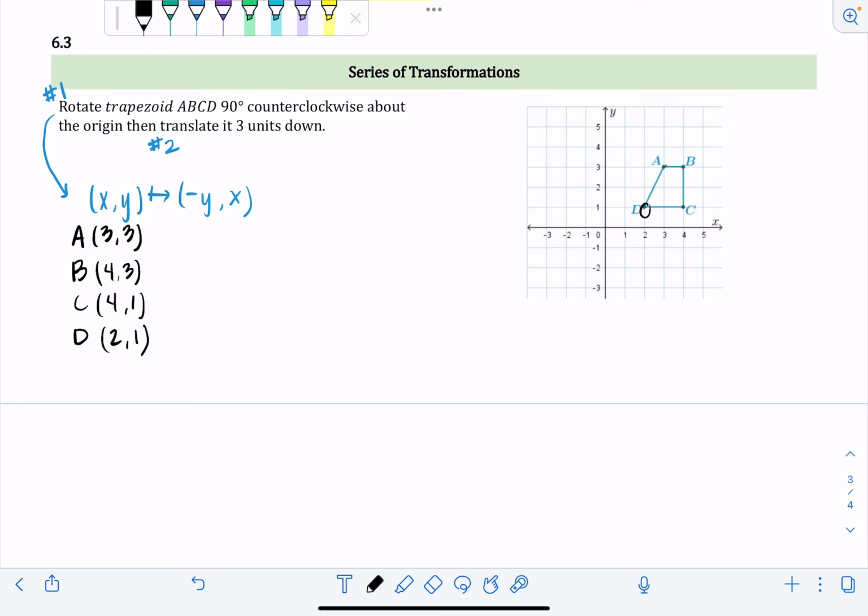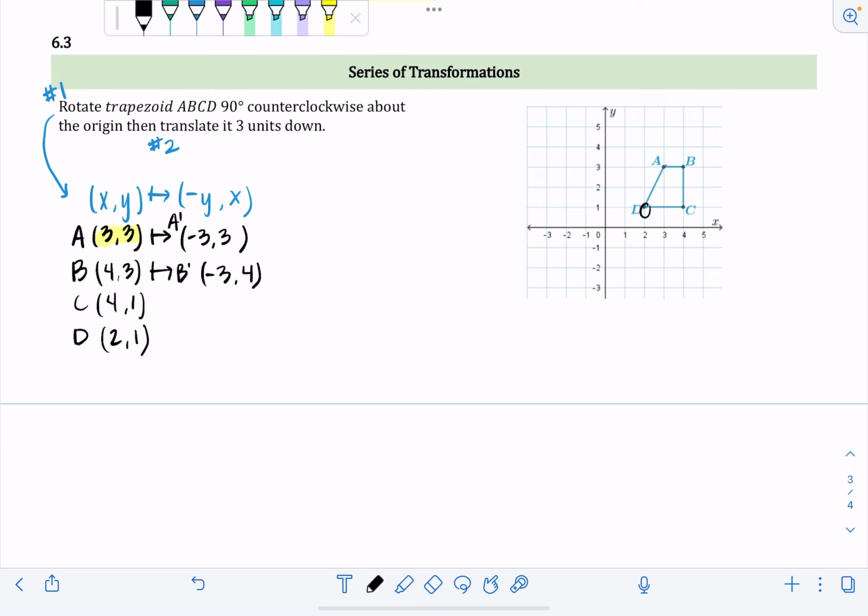And now I need to get A', B', C', D', so just the new version of those points. In order to rotate 90 degrees counterclockwise, I have to switch the x and the y coordinates, and then the new first coordinate becomes negative. These are both 3s, so if I switch them, it would stay 3, 3, but this is going to become (negative 3, 3). And then for B', I switch the x and y, so it becomes 3, 4.